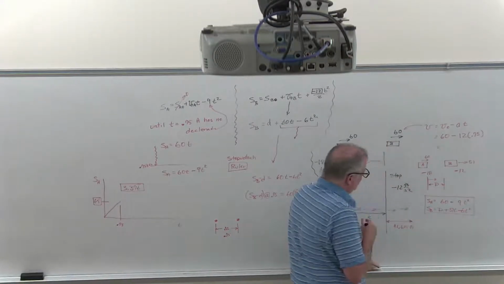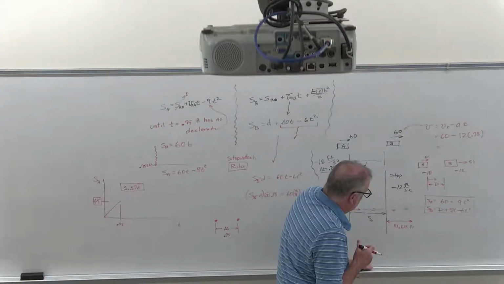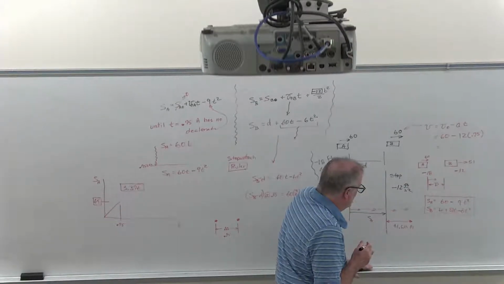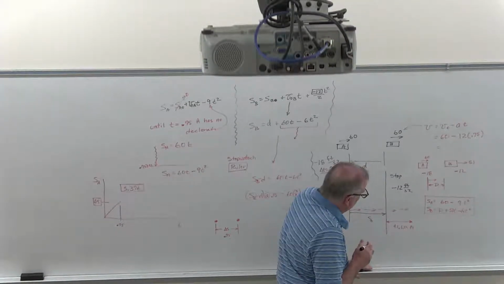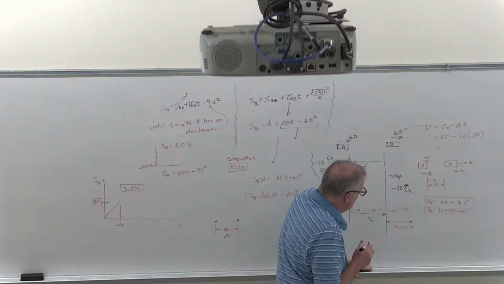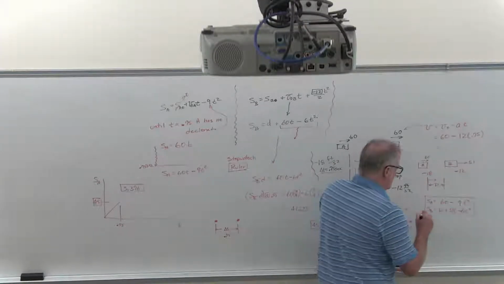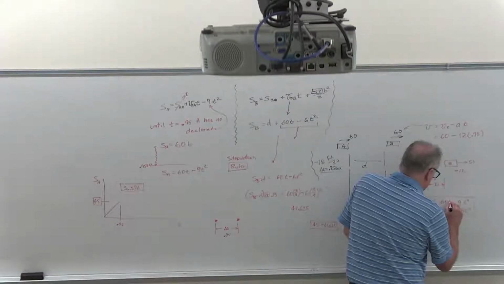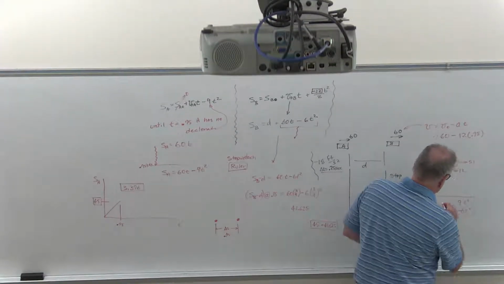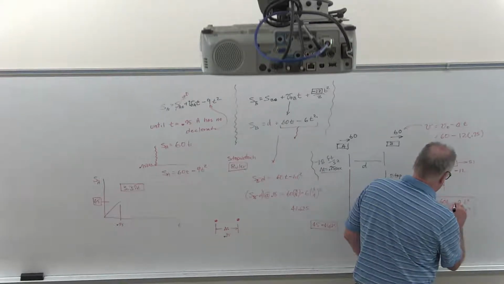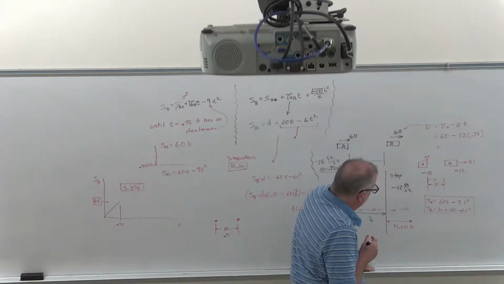So the way I look at this, there's two things I could do. Since the t's are the same, it should be a t right there. There's two things you can do.